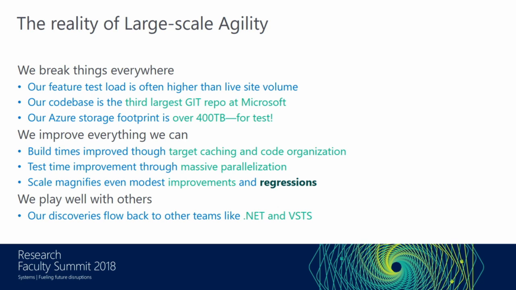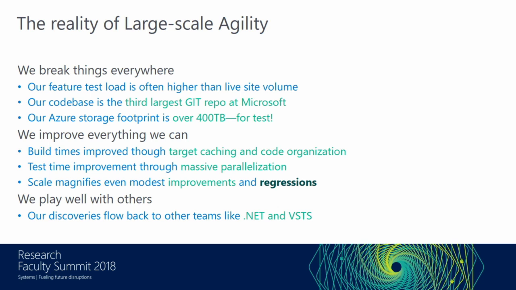We know also that scale magnifies improvements and regressions. A great example of that is we run 70% of our tests on a browser. So the test starts and says, start up this browser, waits for the browser to start up, and then runs the test. That's inefficient, right?